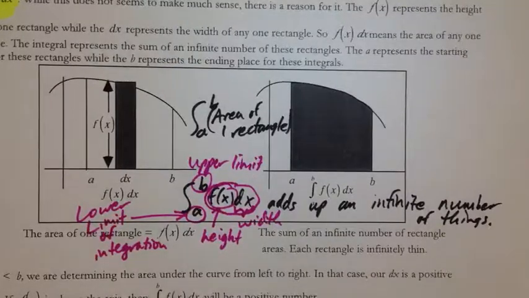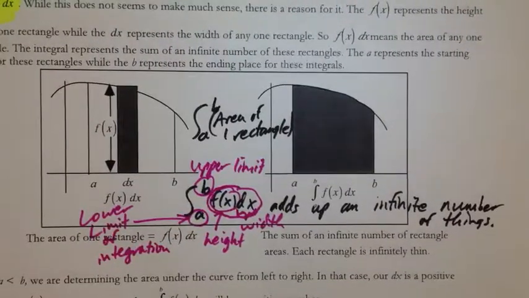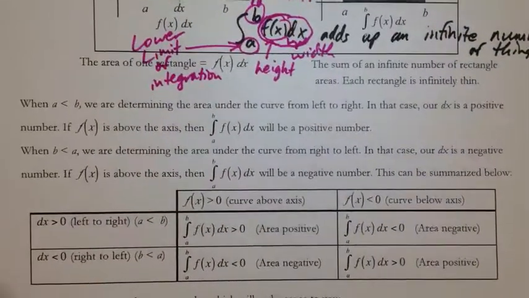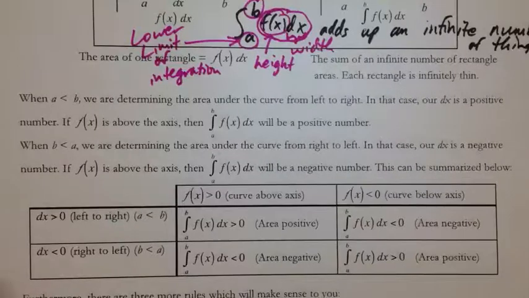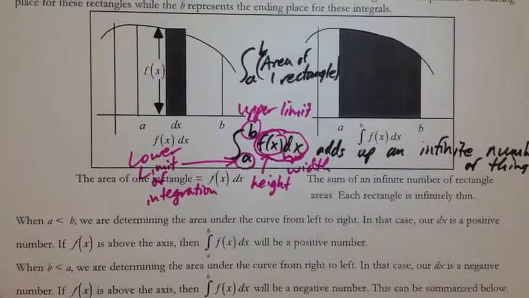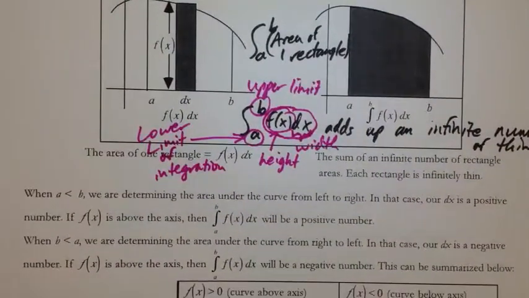But right now, keeping those things in mind, I wanted us to talk about some properties, or rules, of integration symbols and the limits of integration. There are all kinds of different ways that we can write the area of a region, but I wanted to make sure we're clear on a couple other things.